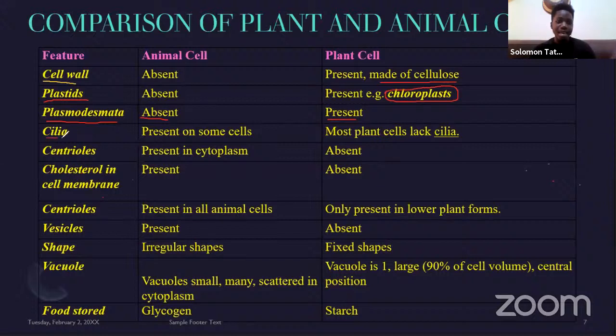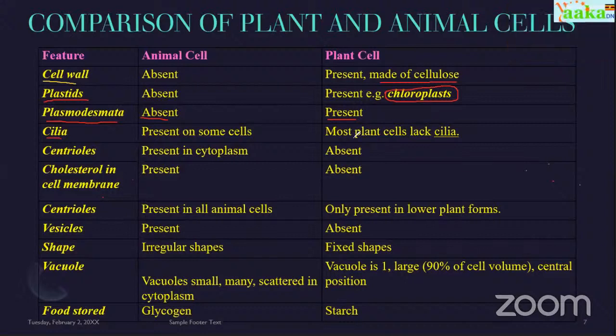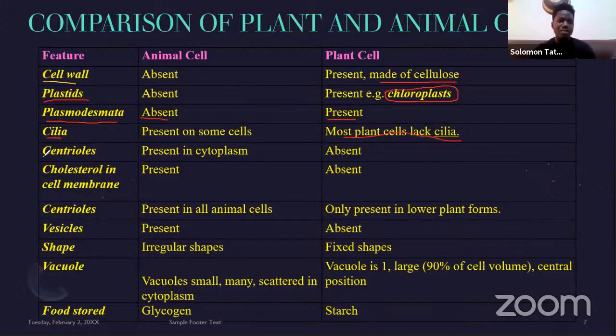We have cilia. Cilia is present in some animal cells, but most plant cells lack cilia. We have centrioles that we have looked at. They are present in the cytoplasm of animal cells, but absent in plant cells.